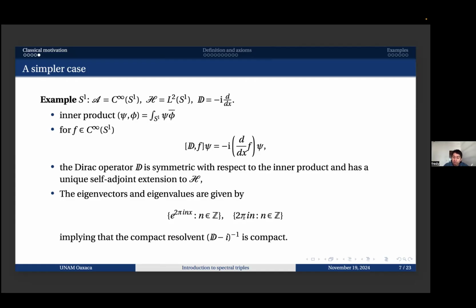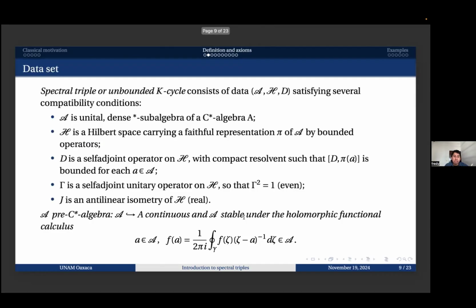So now I have to go to the precise definition. What is a spectral triple? A spectral triple, or unbounded K-cycle, consists of three objects: a unital star algebra, a Hilbert space, and a self-adjoint operator acting on this Hilbert space.